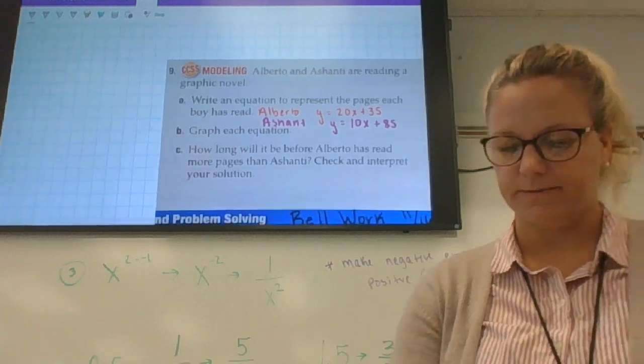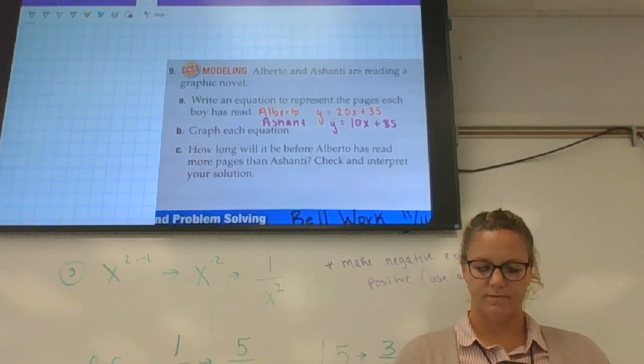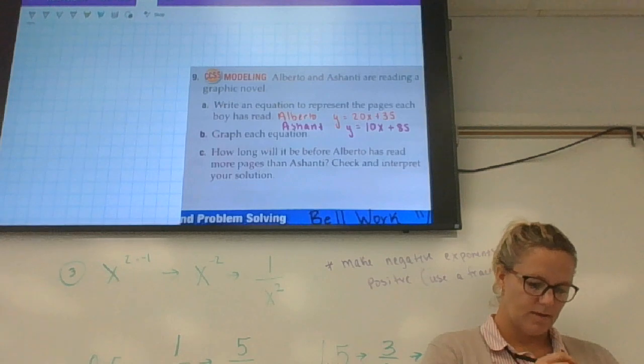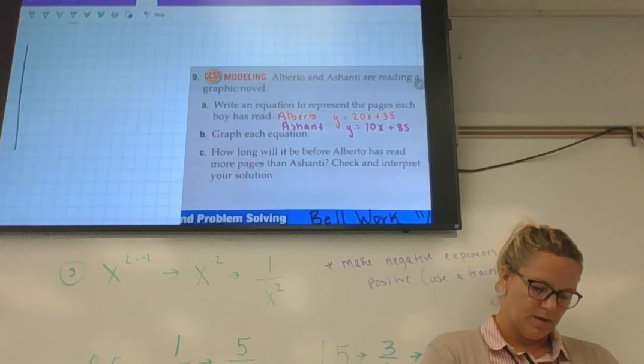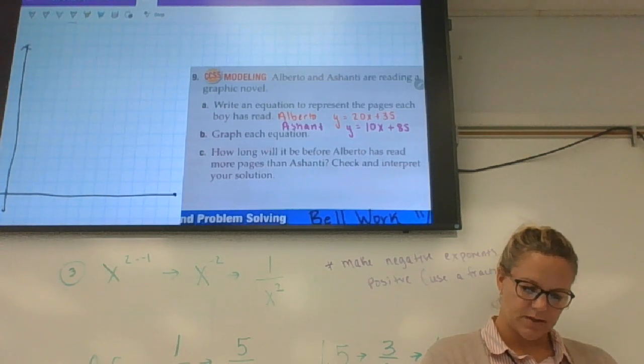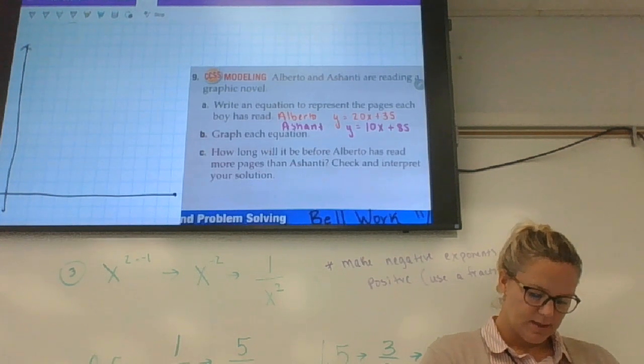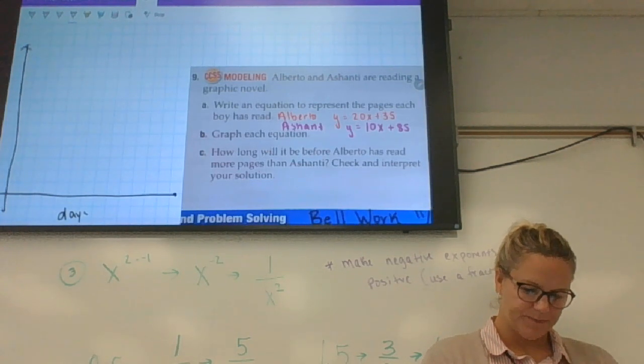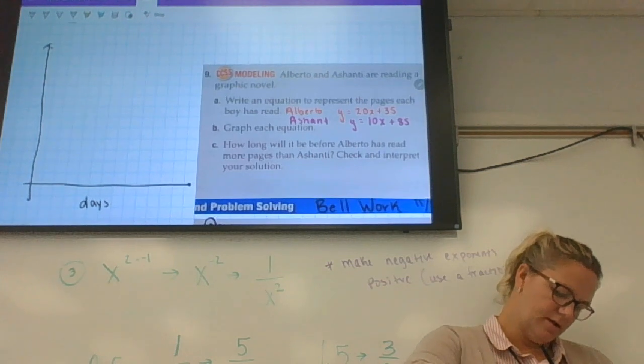I'm going to do mine here. Okay, so down here will be pages. Nope, down here will be days, the number of days that go by. And over here will be pages read.